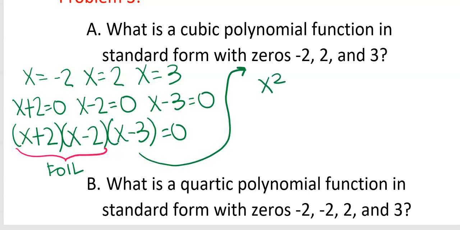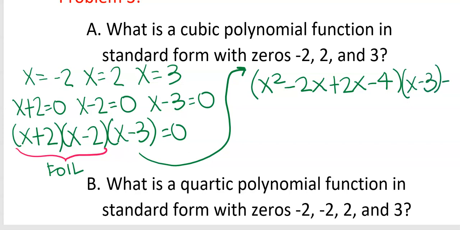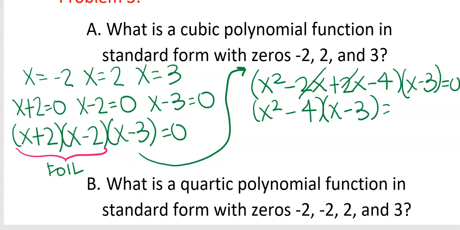X squared, the outer terms would be minus 2x. Inner terms would be plus 2x and minus 4. And we haven't taken care of that x minus 3 yet, which we will do in a second. X squared, the middle terms actually cancel, and you get minus 4, and then times it by x minus 3.